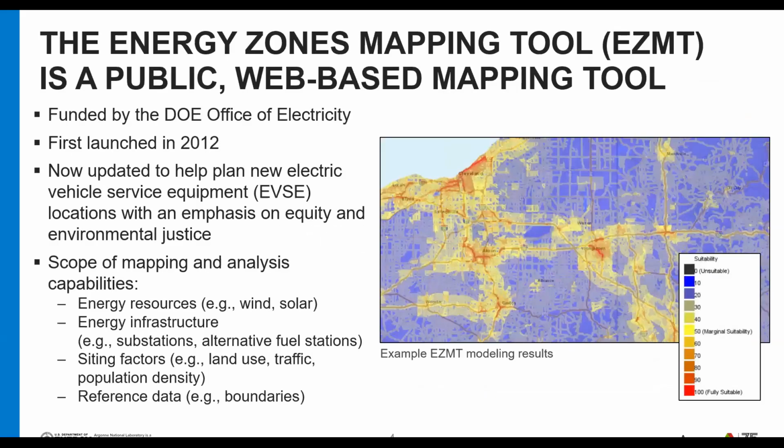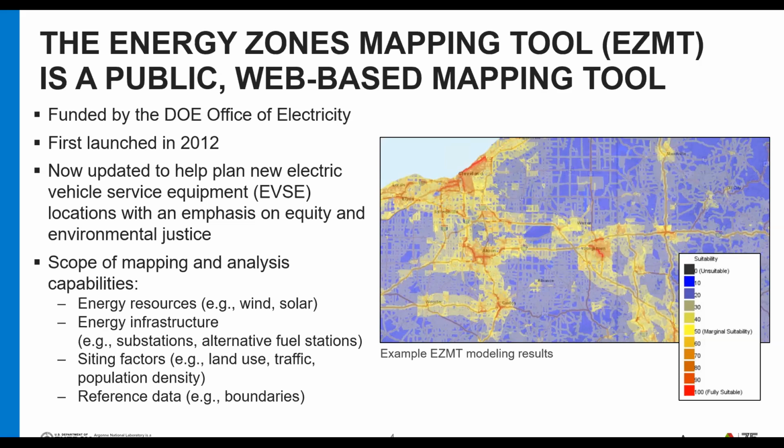So as was mentioned already, the EZMT is funded by the DOE Office of Electricity, and it was first launched in 2012. At the time it had a smaller scope and only extended to the eastern side of the United States. But since then, it's been extended and enhanced in many ways, and it's become a broader and more flexible tool related to energy analysis.